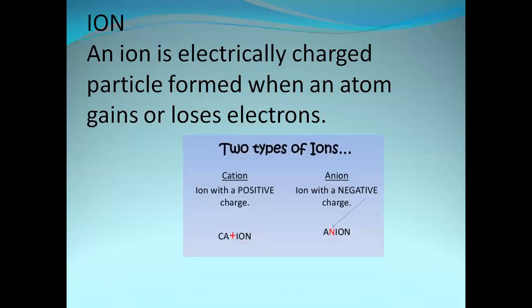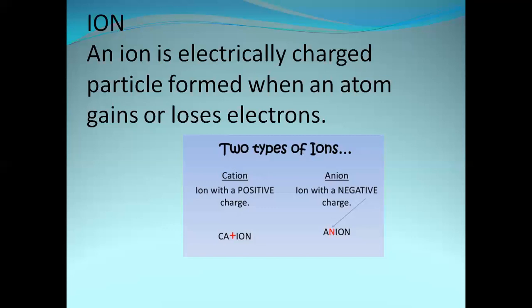Basically, an ion is an electrically charged particle formed when an atom gains or loses an electron or number of electrons. So whenever you are having an atom, and that atom or element is participating in any kind of chemical reaction, as a result of that chemical reaction, the atom might lose an electron, that is a negatively charged particle, or it can accept or gain a number of electrons.